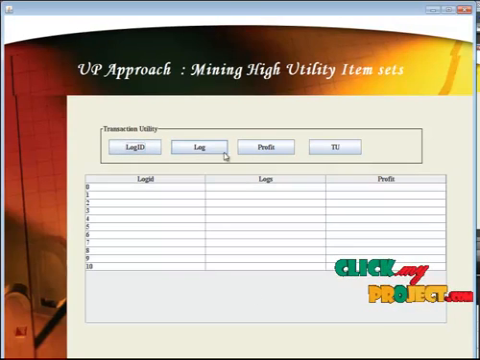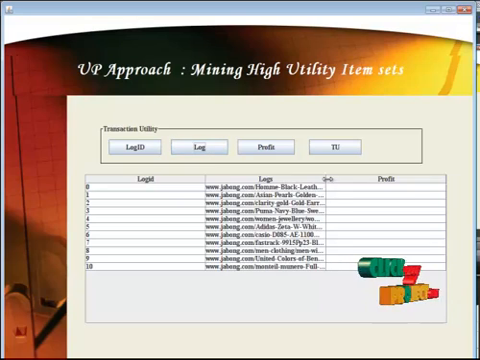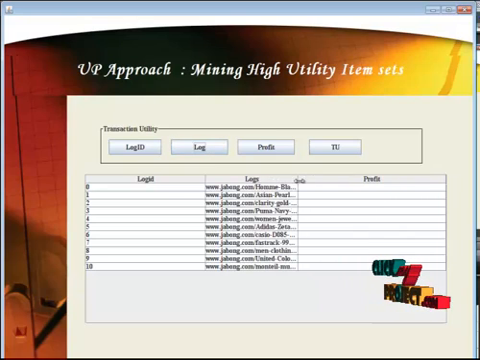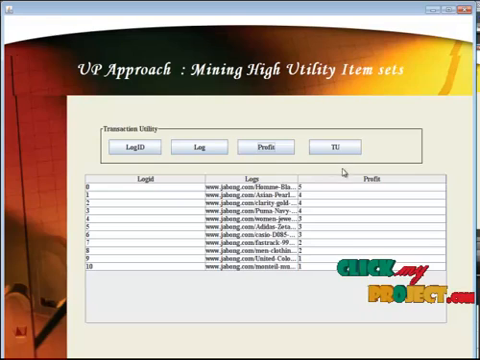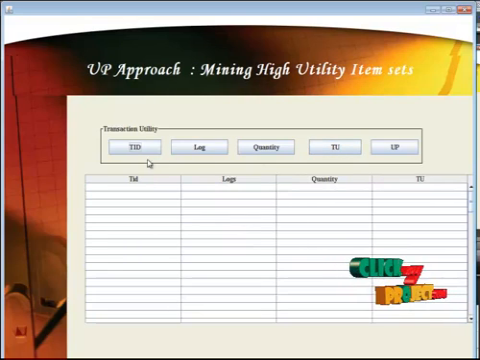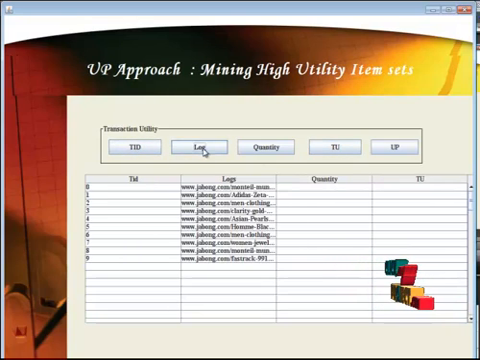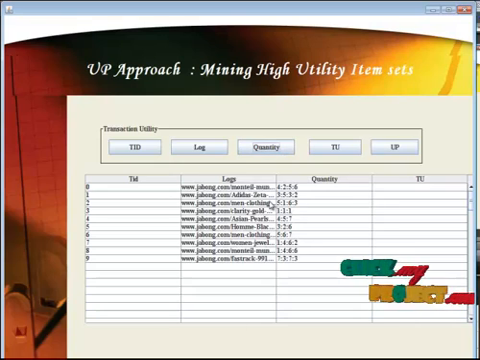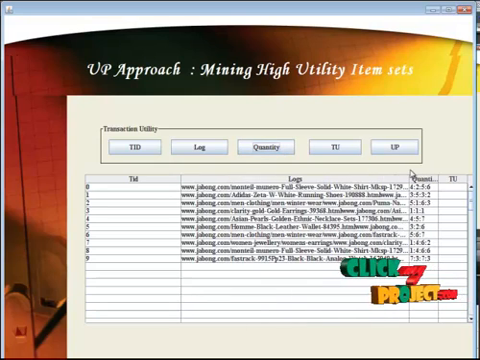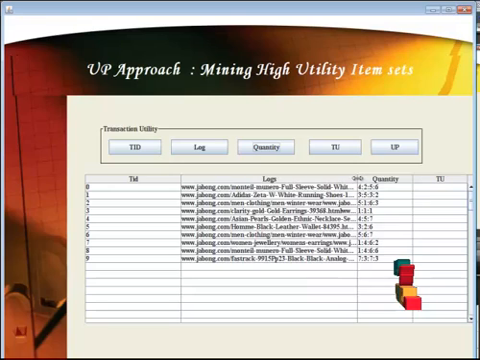Then we need to estimate the log ID, the logs, something about the transactions, and the profit value. Now we are going to estimate the transaction ID, logs, quantity. In the sense, this item is purchased 4 times through online. That's it. All this data is extracted from zebank.com websites.